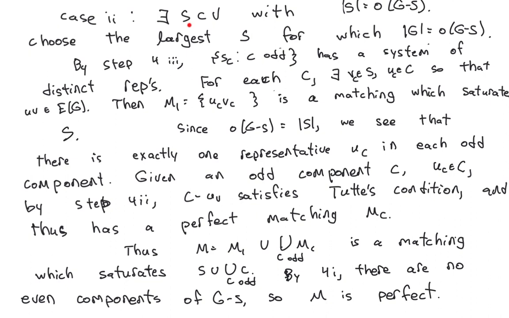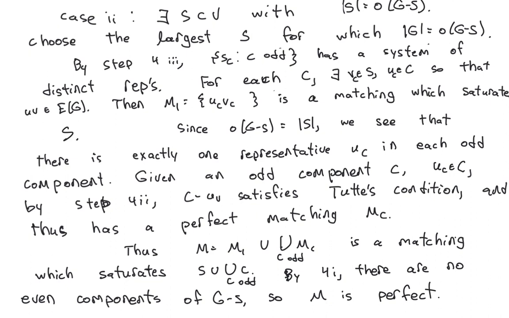Now we get to case 2. Suppose there exists a proper subset of vertices S such that the number of odd components of G minus S is the size of S. Let's choose the largest S for which this is true. By step 4, the set S sub C, where C is an odd component, has a system of distinct representatives.